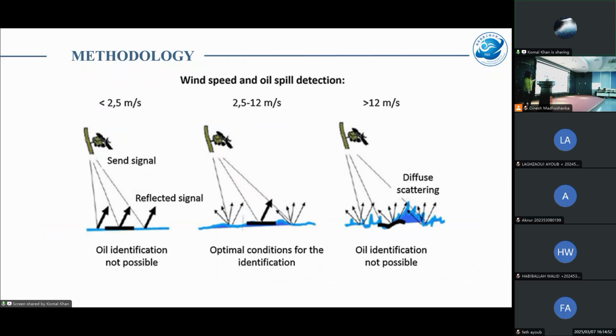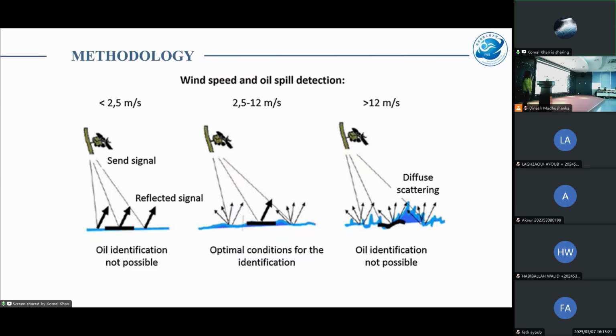When the SAR signal strikes that oil spill, it goes away from the sensor, and very weak or no signal returns to the sensor, and that area appears dark. But for that, there should be a certain wind range.